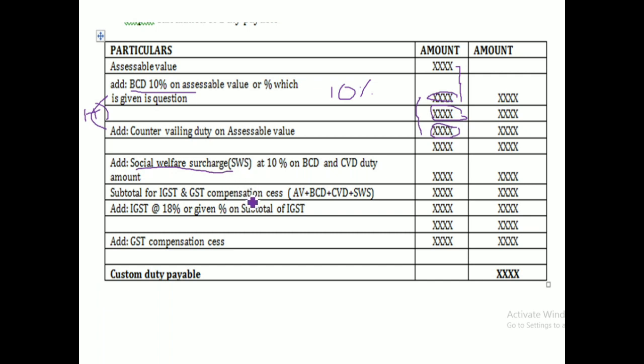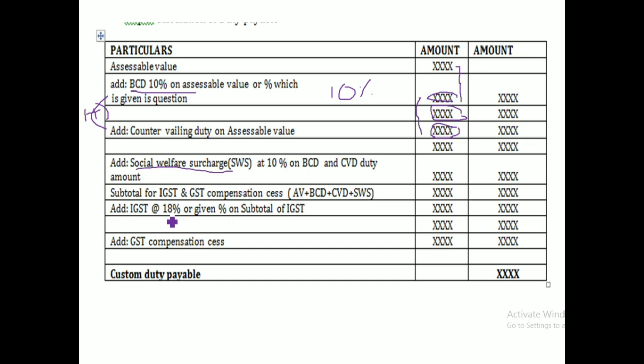Next, we calculate the subtotal of all these things for the sake of calculating IGST and GST compensation cess, that is, assessable value, basic custom duty, countervailing duty and SWS. All four we add to arrive at this value. Based on this we will calculate the IGST.